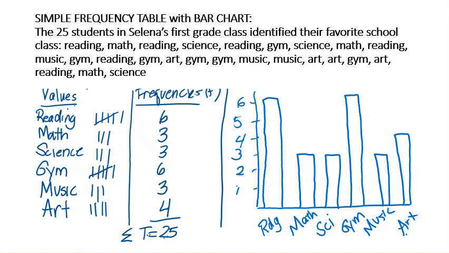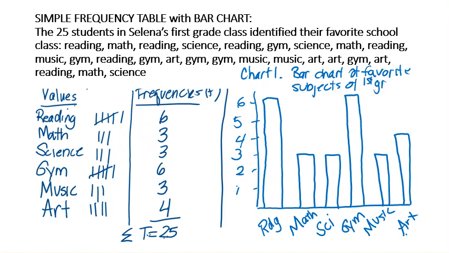We would want to give our graph a title. So I would give it this title. I would give it a number, chart 1, and I would put bar chart of favorite subjects of first grade.